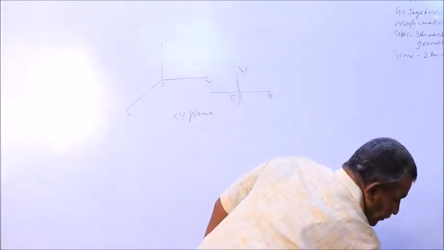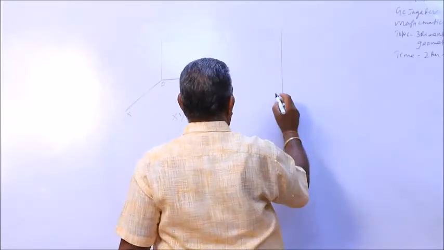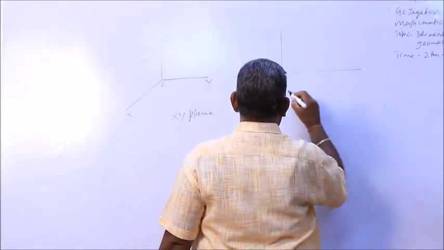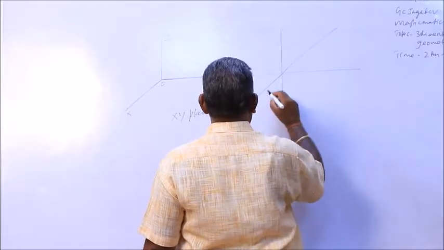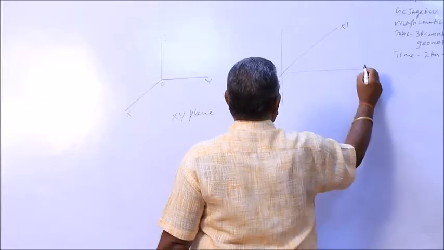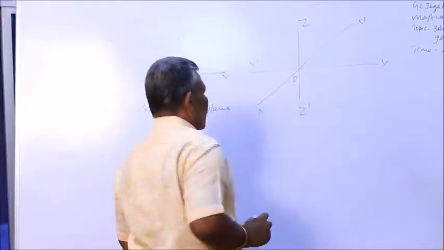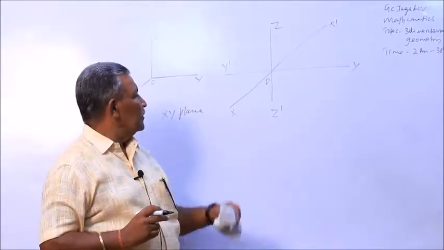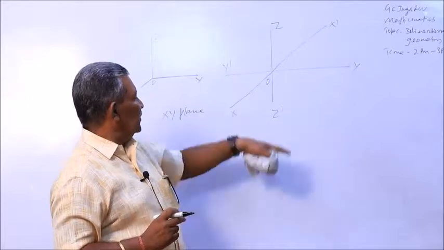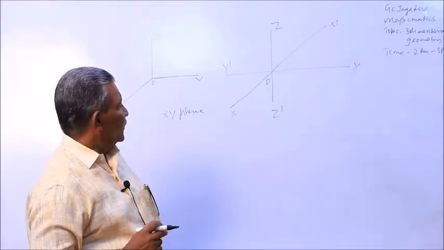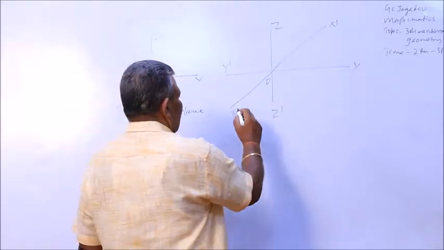Suppose we have taken three mutually perpendicular lines XOX', YOY', ZOZ'. They are mutually perpendicular and it is a right-handed system.